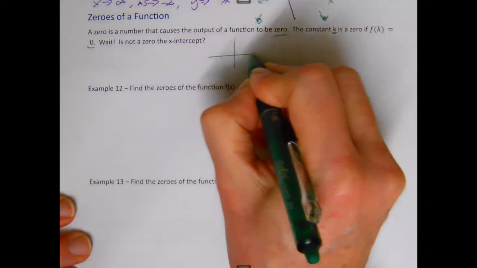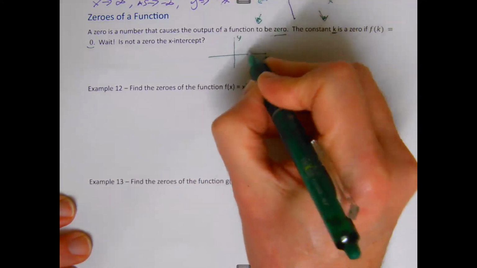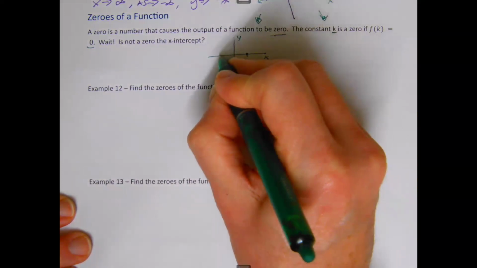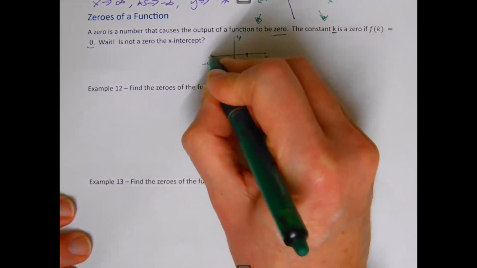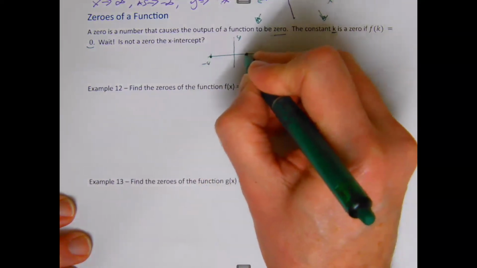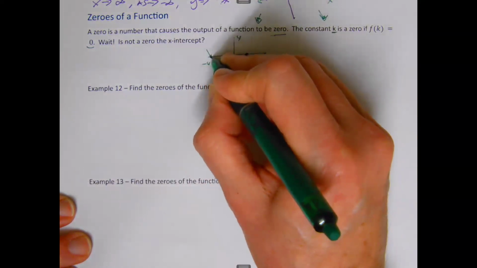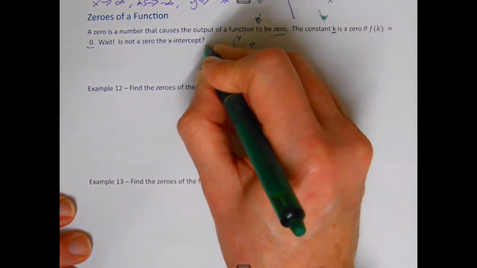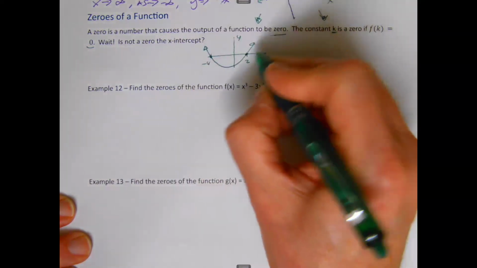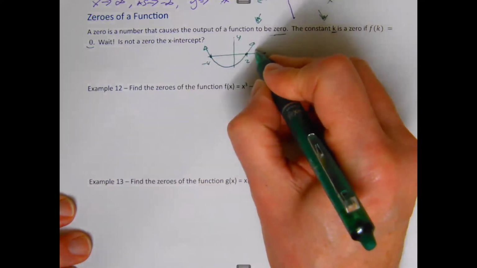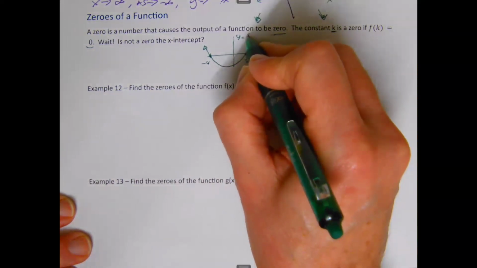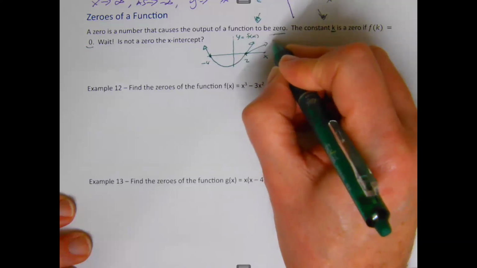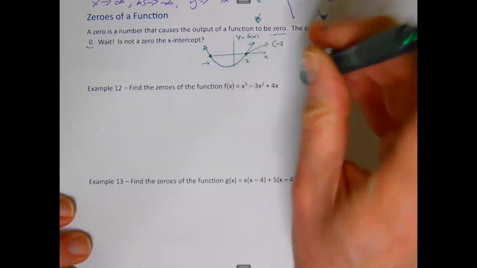So let me draw a graph here. So let's say this is at 2. This is over here. I'm going to go to -4. And we have a graph that touches, kind of a parabola looking thing. Now the ordered pair here, and let's say this is f of x, is going to be 2, 0.